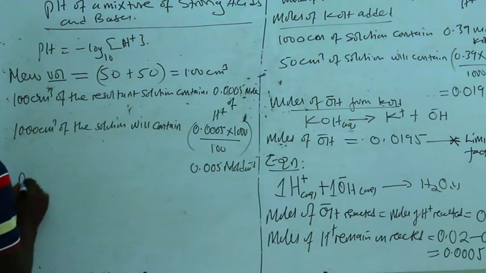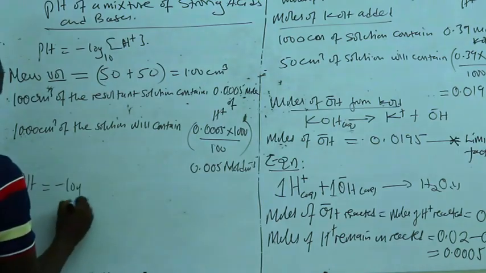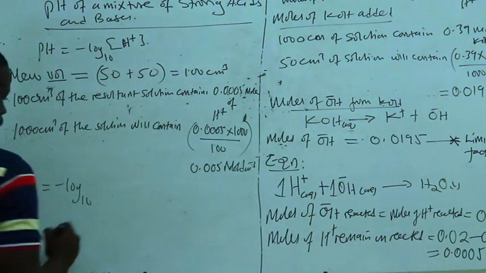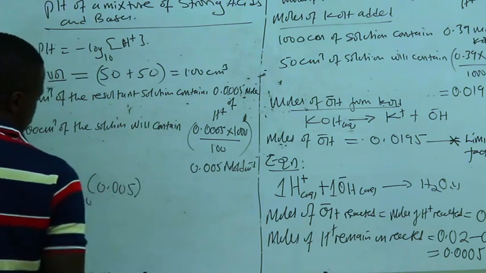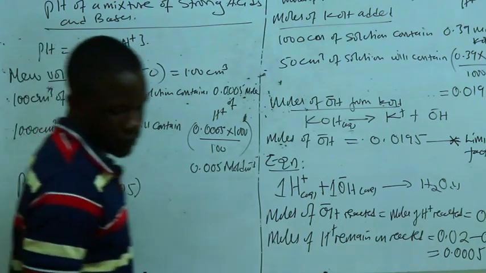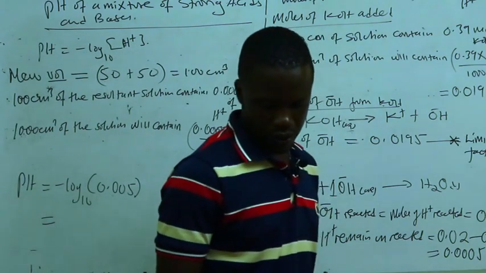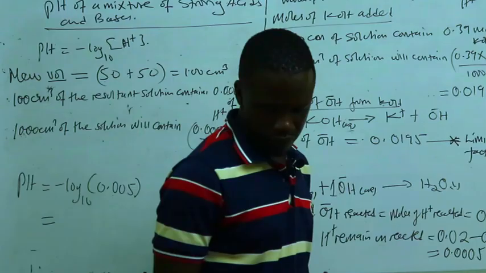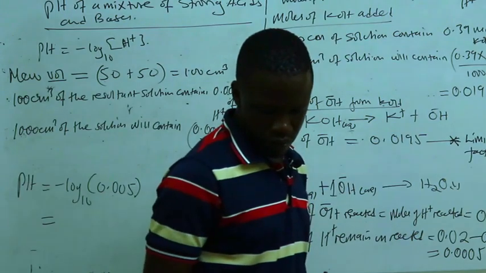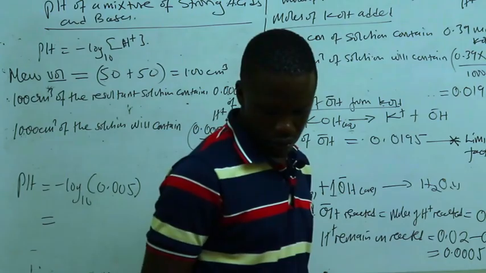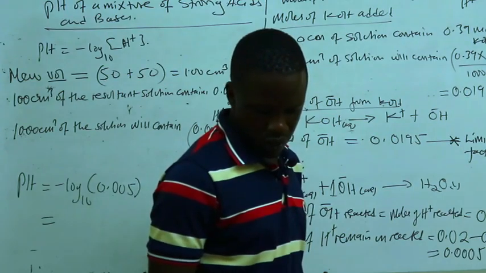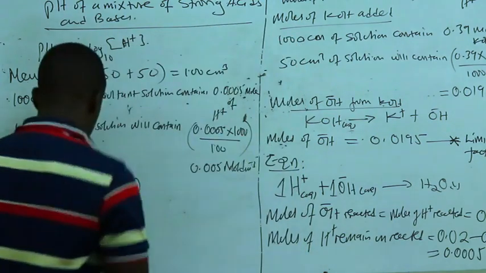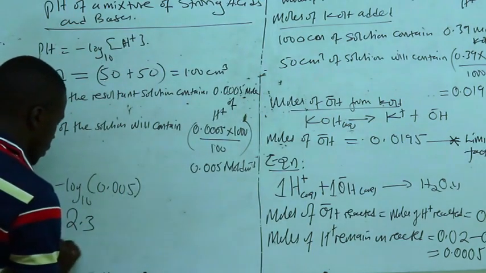So pH would be negative log base 10 of 0.005. This value is 2.3. pH is 2.3.